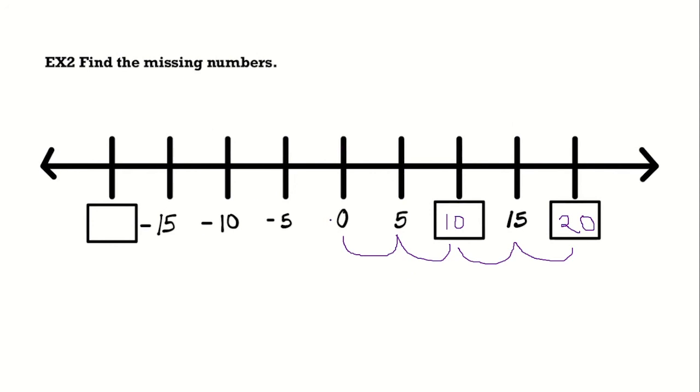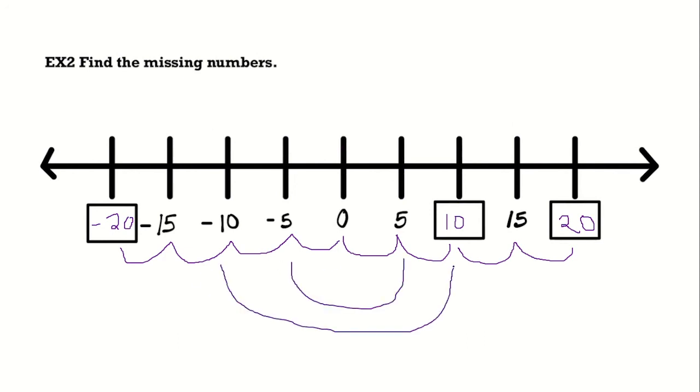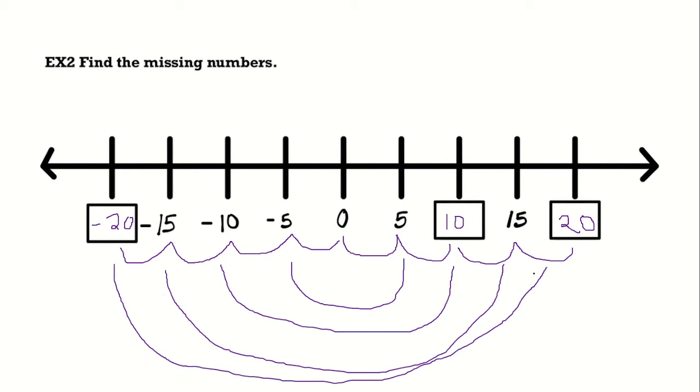So we will go to the left now. 0, -5, -10, -15. So this must be -20. You can think of it also as -5 and 5 as opposite, -10 and 10 as opposite, -15 and 15 as opposite, and finally, the last one would be -20 and 20 as opposite.